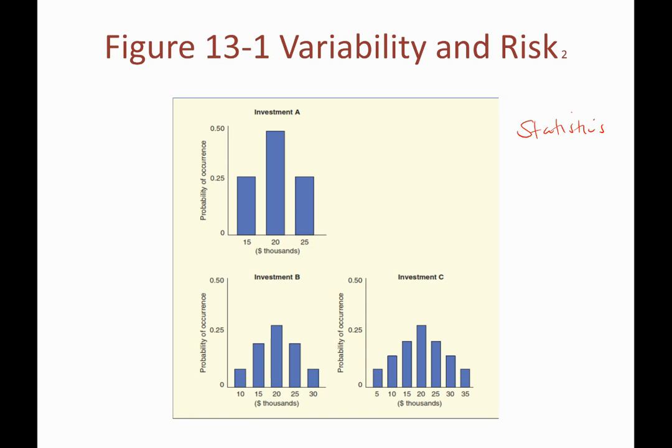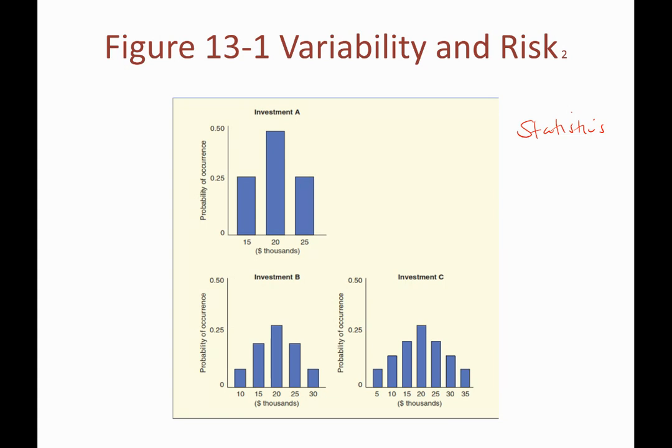By definition, risk is the variability or dispersion of possible outcomes. In other words, the way the outcomes are dispersed is a sign of how much risk is inherent in that particular investment.